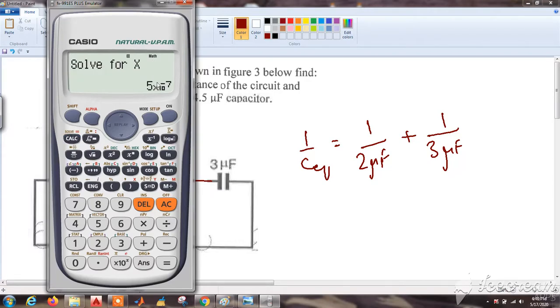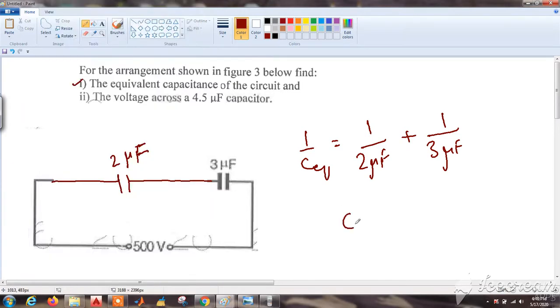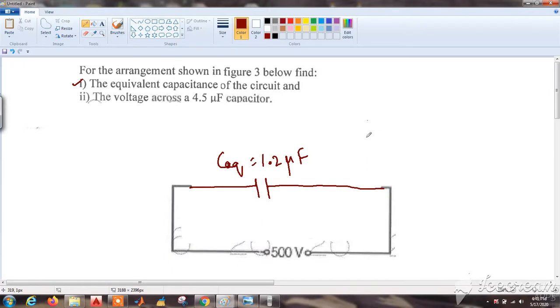Don't look at this answer. Again press equal to. You'll get your answer, that is 1.2 micro. This C equivalent is equal to 1.2 microfarad. So we have found that the equivalent capacitance of the circuit is 1.2 microfarad.